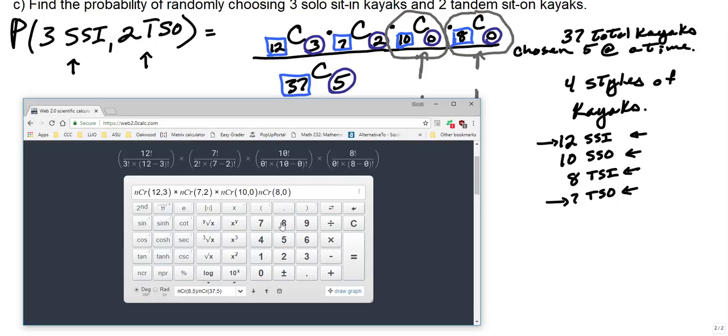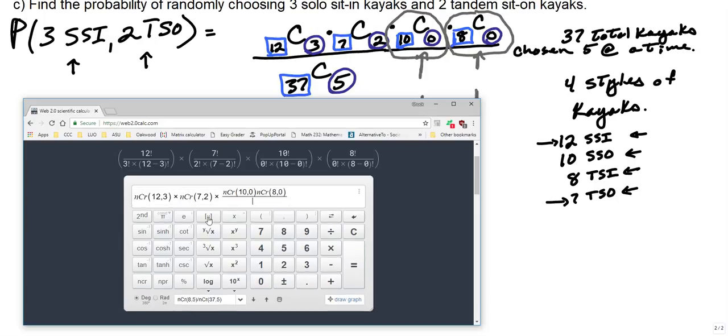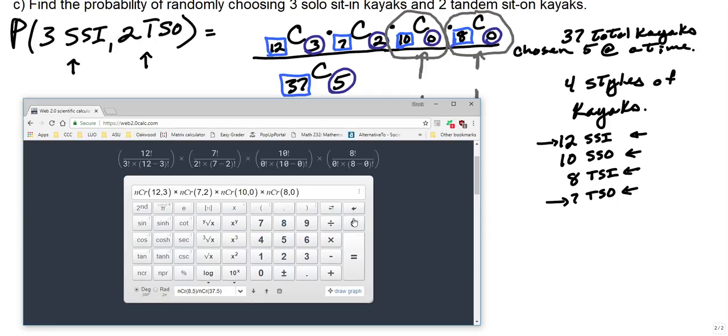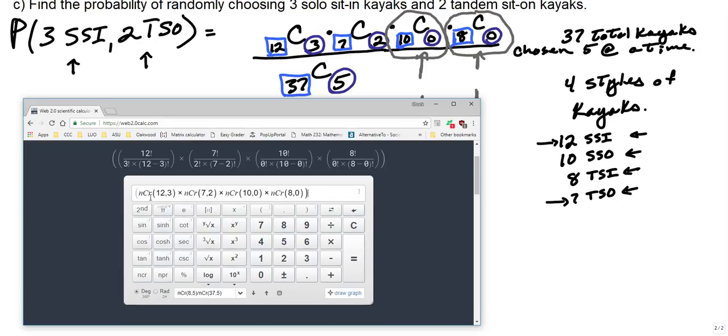And now I'm simply going to divide. But notice that there's a problem with my calculator here. I didn't use all the notation that I needed. So let me back up and put parentheses around the outside of everything.